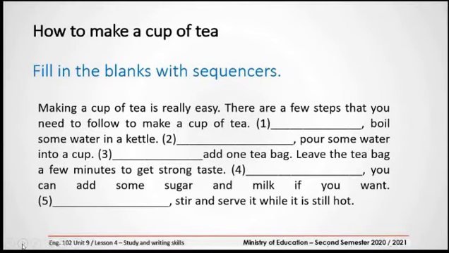I mean, it should be done in the right order to achieve the goal or the objective. You can't start with, for example, number 4 or number 3. You have to follow the sequence of the order in order to achieve the objective. That's why we need sequencers.